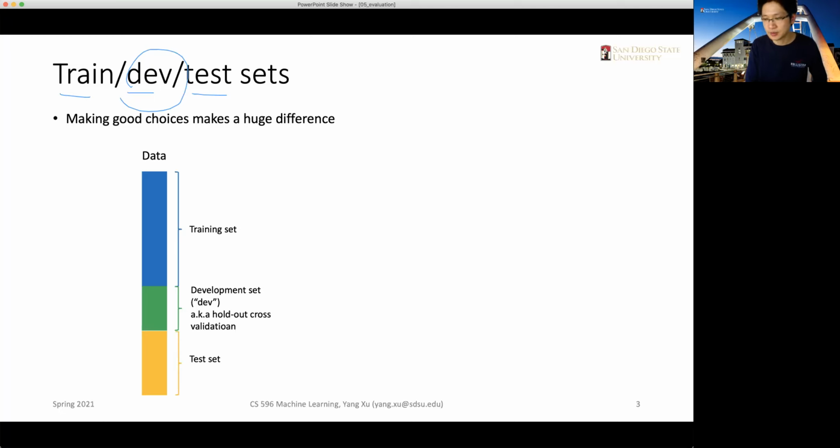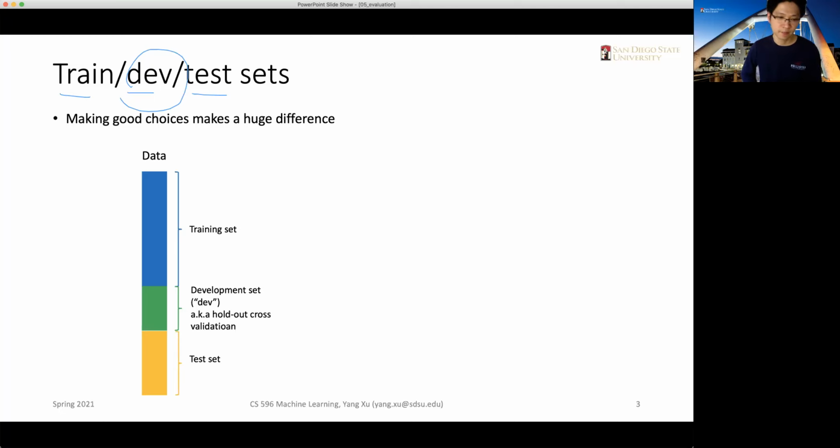Okay, so this threefold split is kind of the standard operation in modern machine learning tasks, especially when the size of your data is very big.